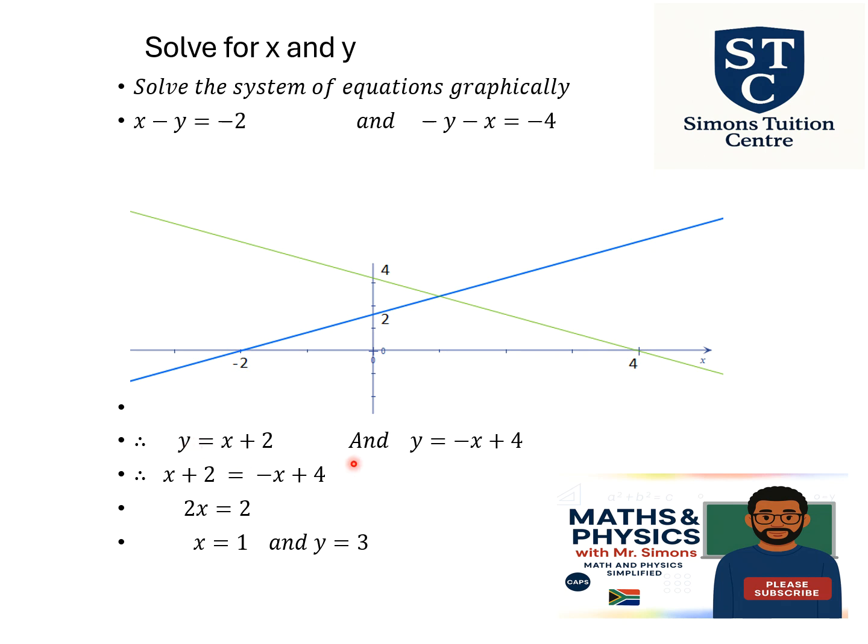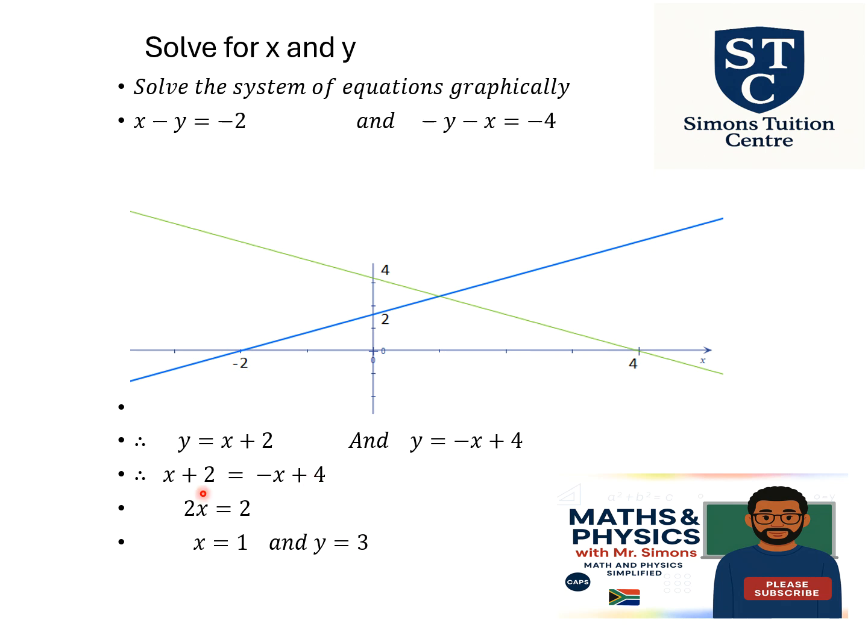Y here is effectively the same y, so I can say, therefore, x plus 2 equal minus x plus 4. So this is solving it as a point of intersection, meaning the two graphs are equal at that point. Right, take my x's to the same side, so x plus x gives me 2x.